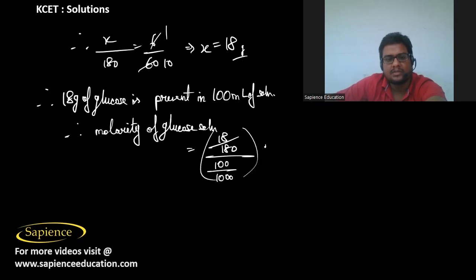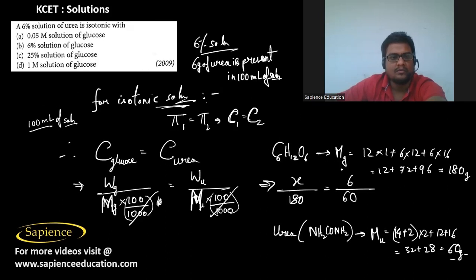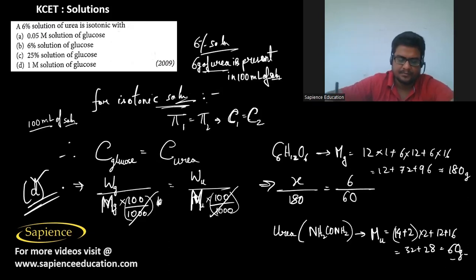So this will be 1 by 10 into 10 by 1, so this will be 1 molar. So a 1 molar glucose solution is isotonic with 6% urea solution. So option D is the correct answer.